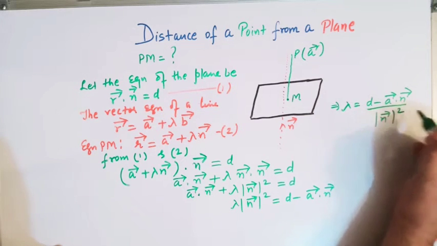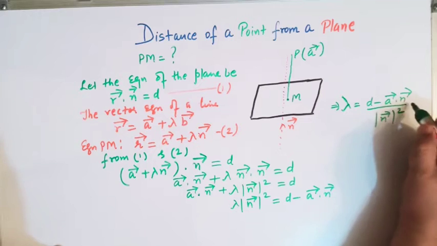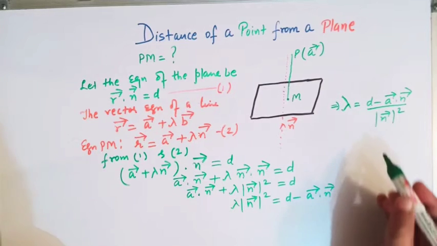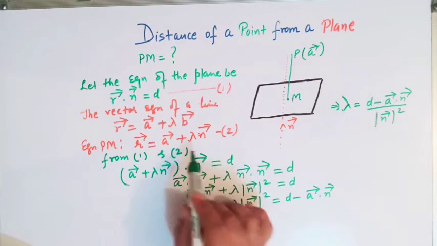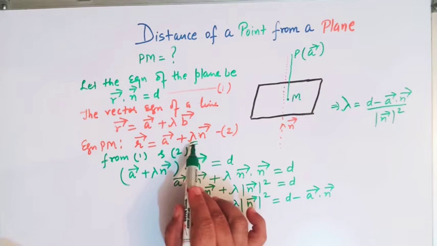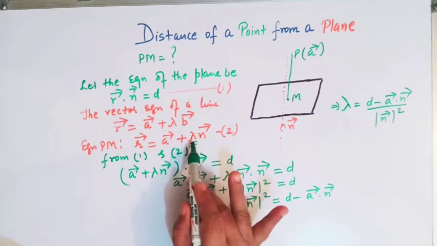So this is the value of this scalar lambda. Now we will substitute this value of lambda in equation 2.